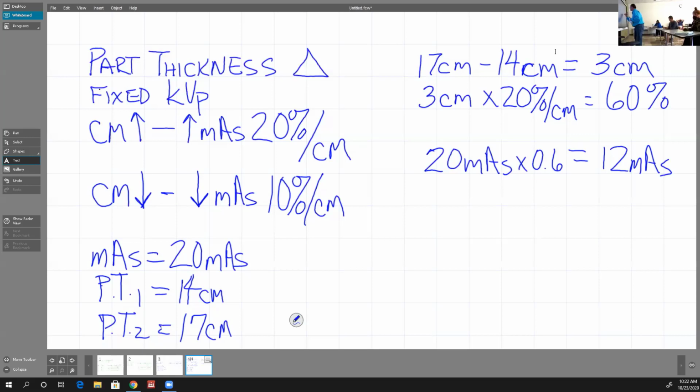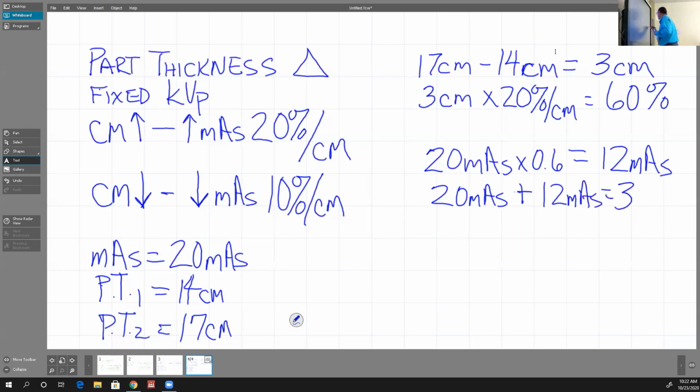Now I take 20 mass plus 12 mass equals 32.